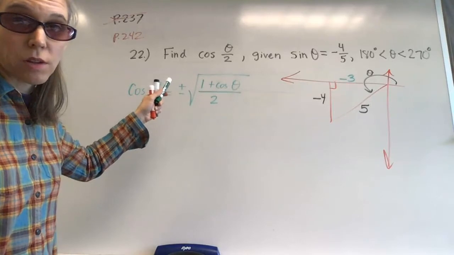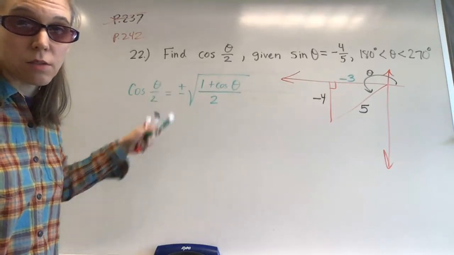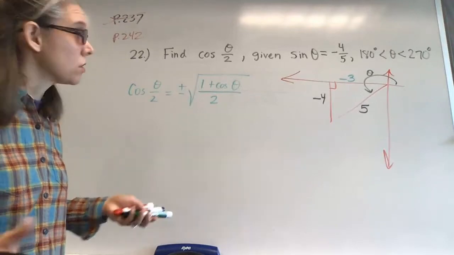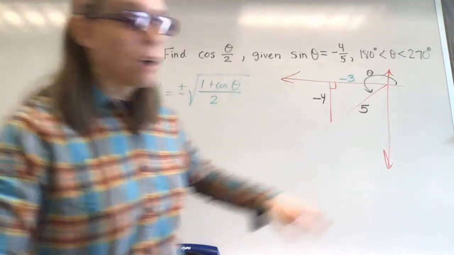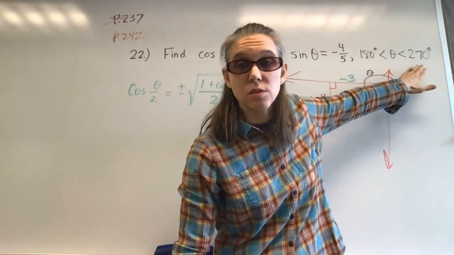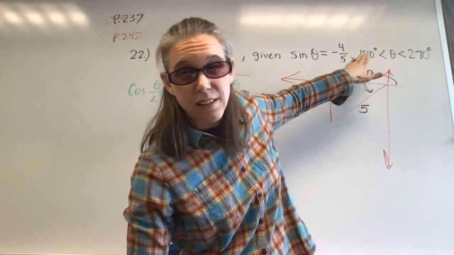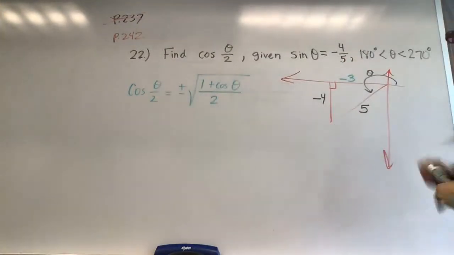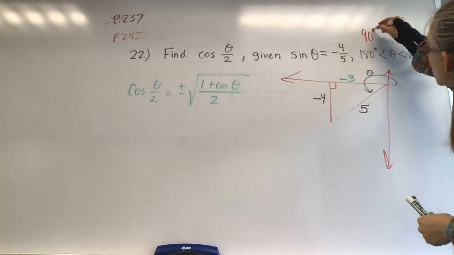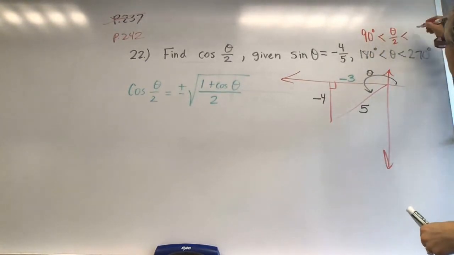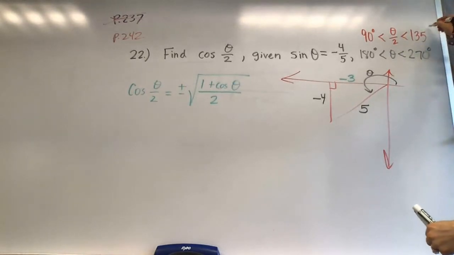I need to choose whether this is going to be a positive or a negative. So we need to figure out where theta over 2 is. What we can do is come back over here to 180 degrees less than theta less than 270 and divide that entire inequality statement by 2, and the result is that 90 degrees is less than theta over 2 is less than 135 degrees, right?